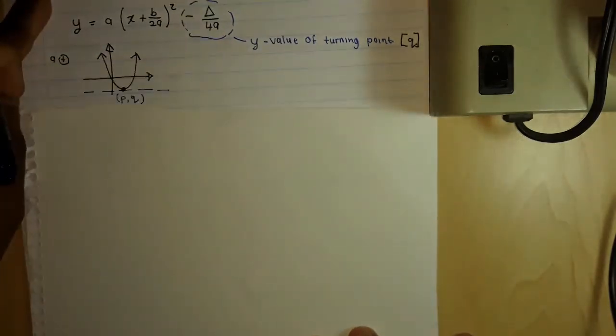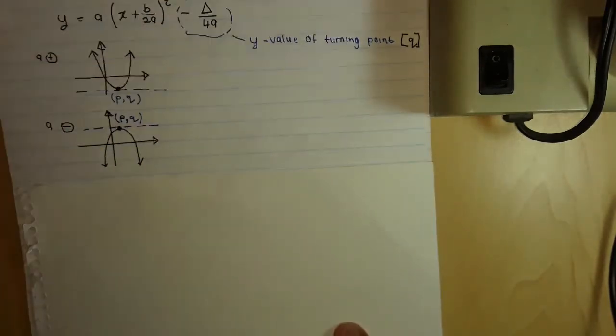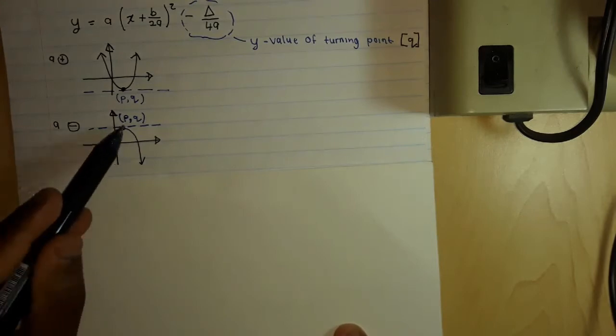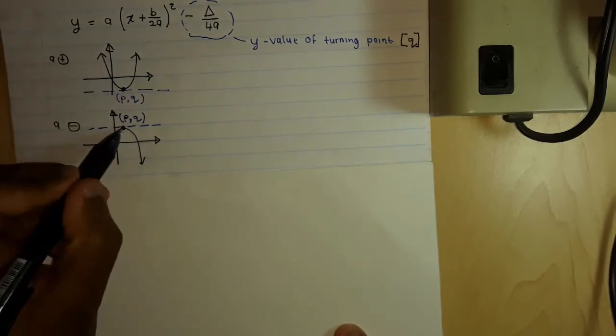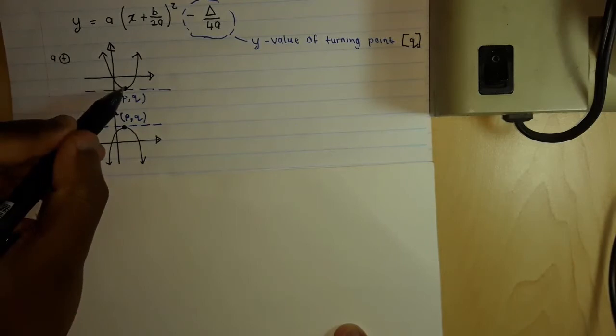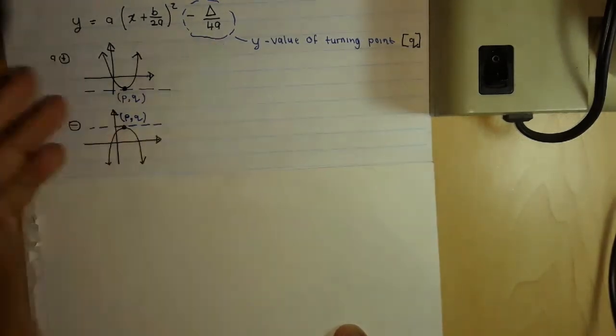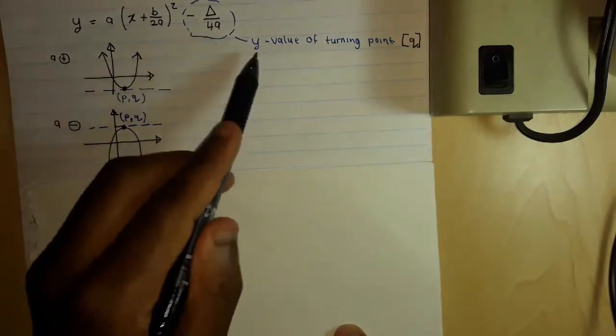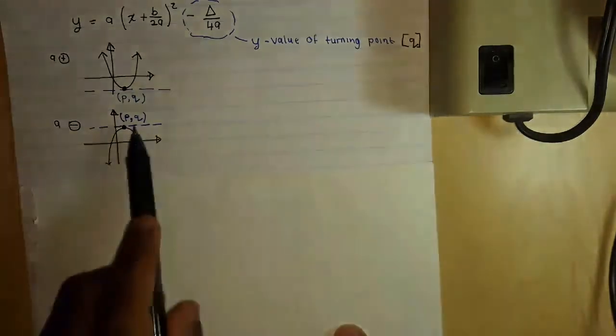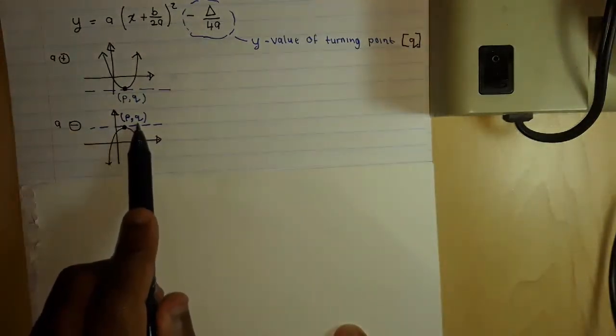So what is the turning point? A parabola takes this form, either this form. The turning point is basically this. And so this is basically the y value of the turning point, represented by q. So it's the y coordinate of the turning point.